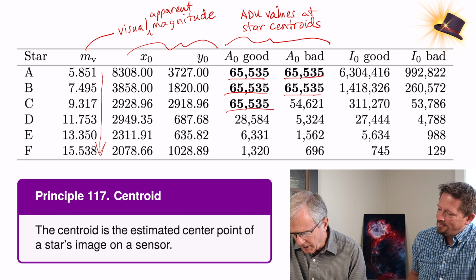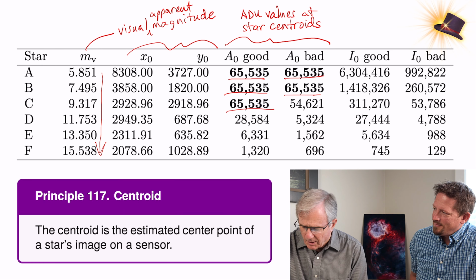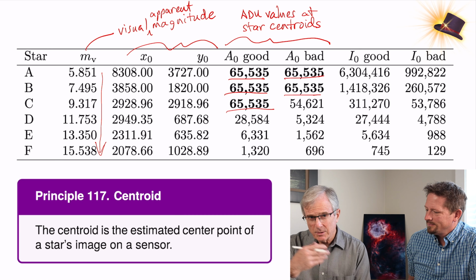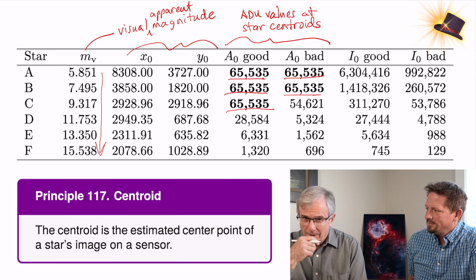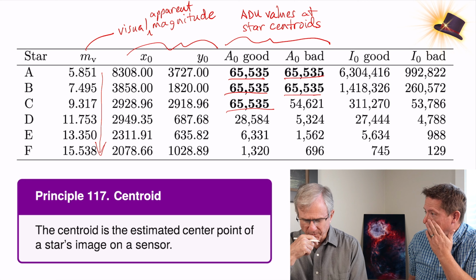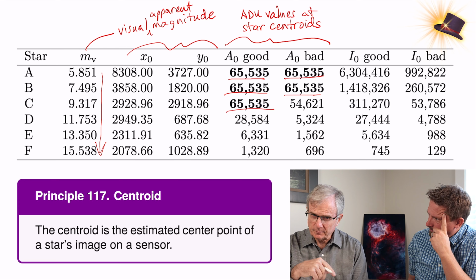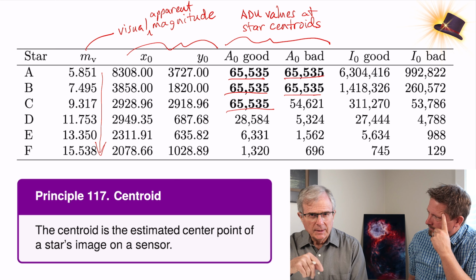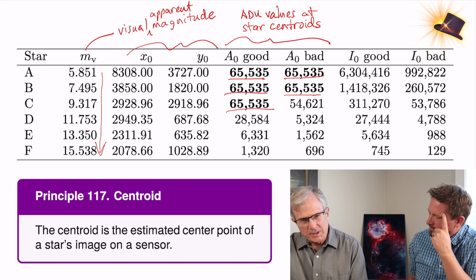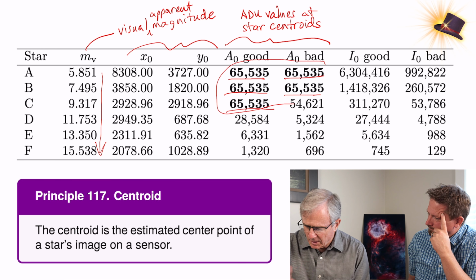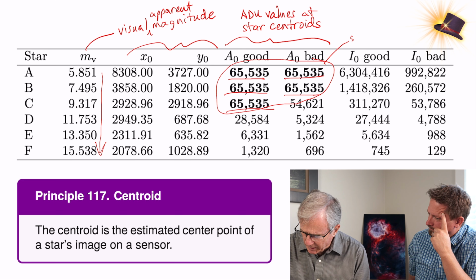You might say, well, that's weird. Why are all those the same? Well, the short answer is that our sensor is a 16-bit sensor, and a 16-bit sensor allows ADU values between 0 and 2 to the n minus 1. And 2 to the n minus 1 for a 16-bit sensor is 65,535, as we talked about in the previous video. So all of these are saturated.